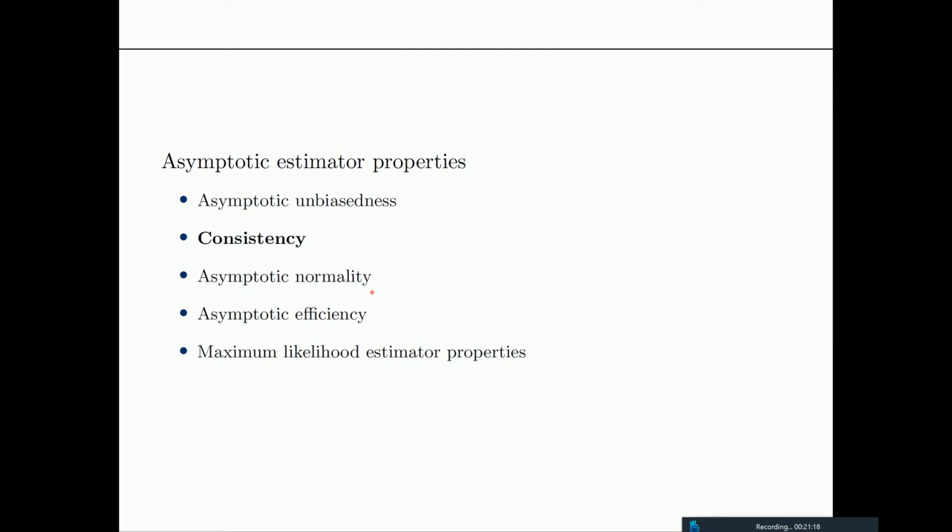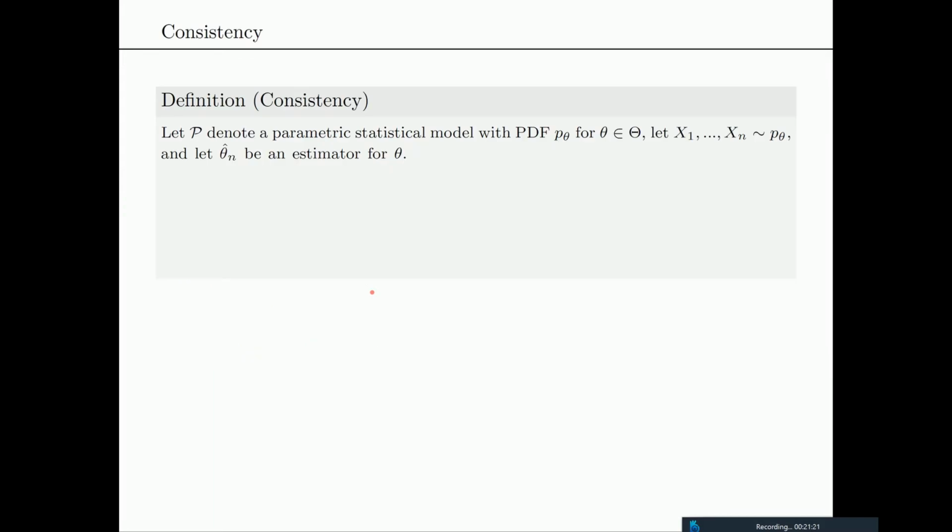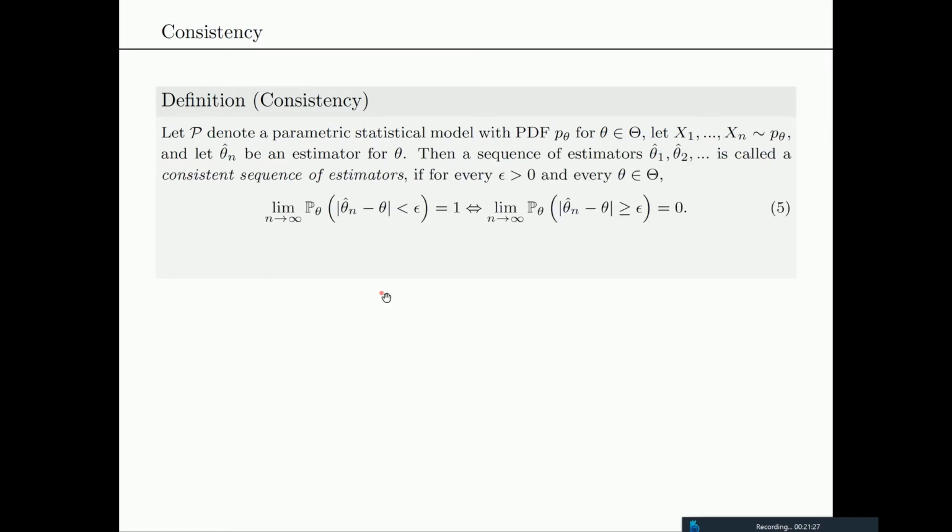Next up is consistency. So again, we are in the setting of this parametric statistical model. Everything is the same. And now we talk about consistency. The original definition of consistency is in terms of a sequence of estimators.